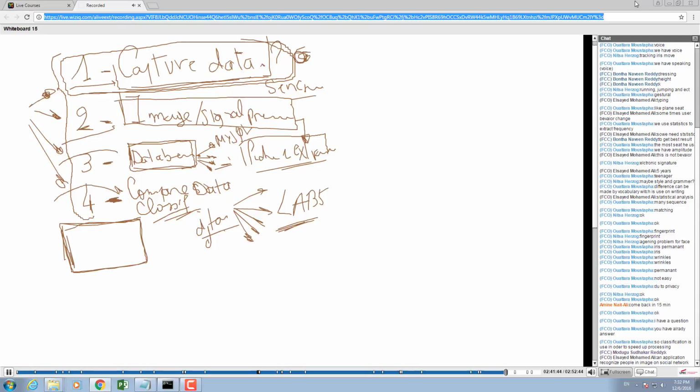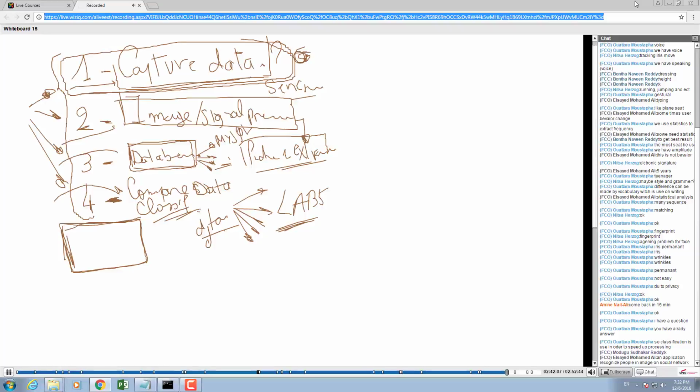But once you have the signal or the image, it's not finished. This is just the beginning. So you have to extract some features. But before extracting features, try to make your signal or image prepared for feature extraction.